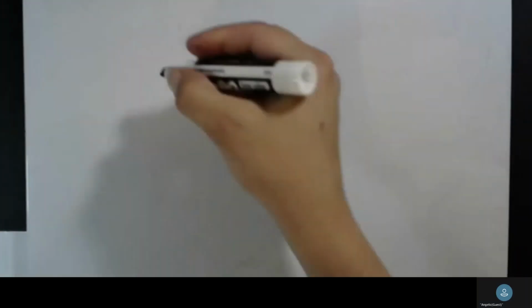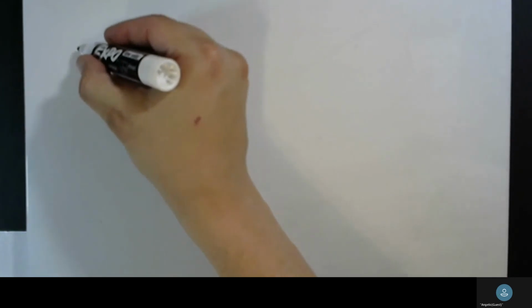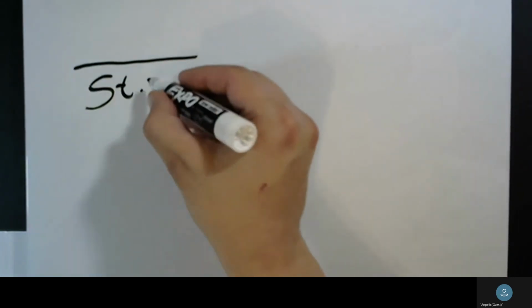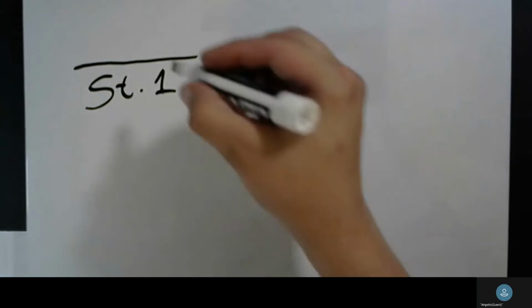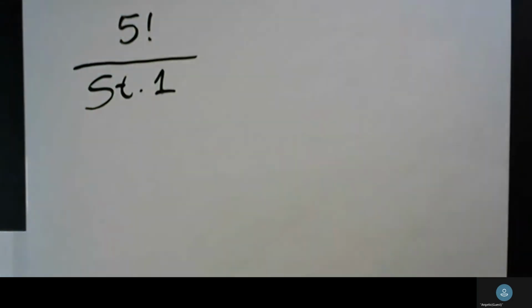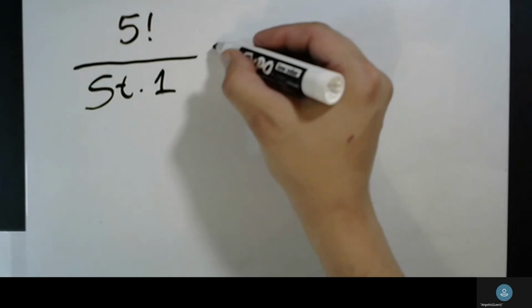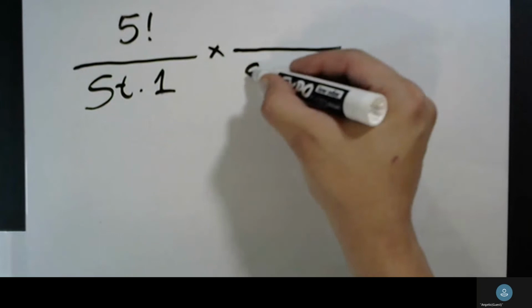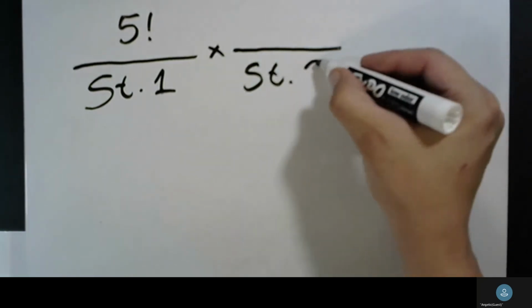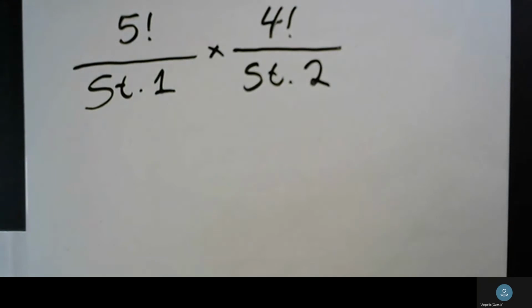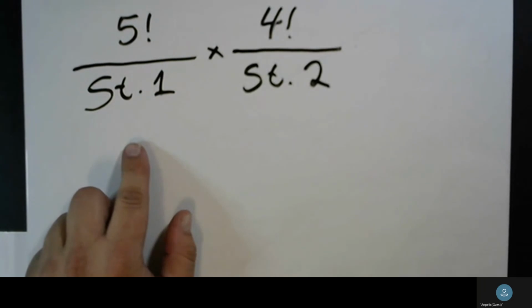So since we're sitting the groups together, stage 1 is we seat the women. There's 5 factorial ways we could seat women. And then stage 2, we could seat men. We might not actually be putting people in chairs.